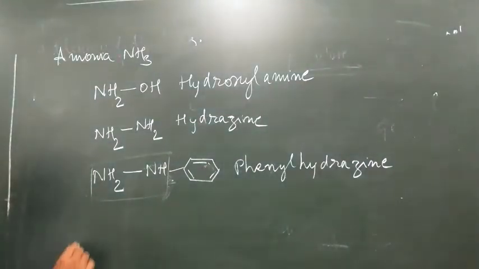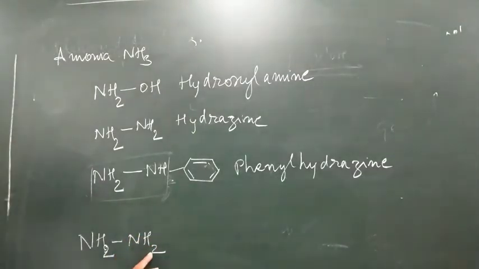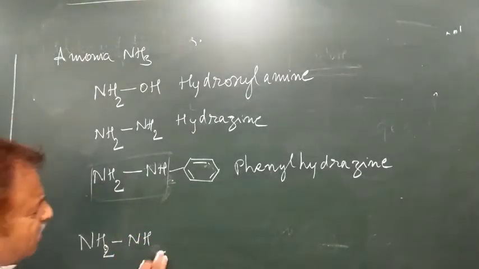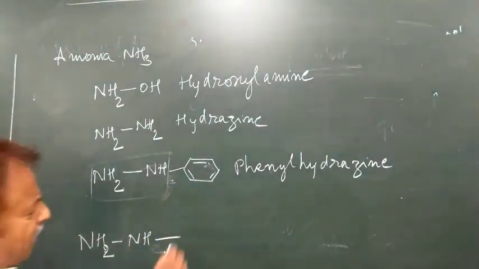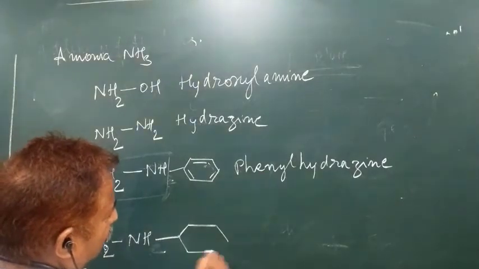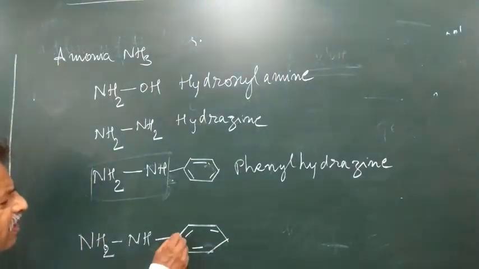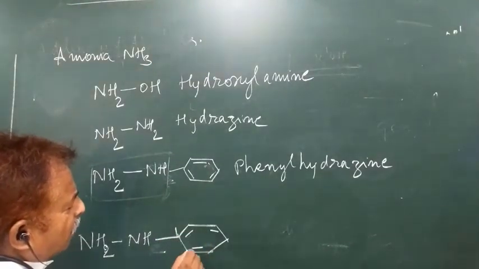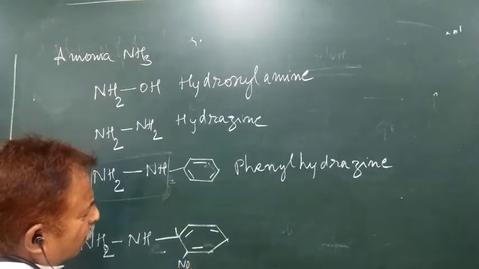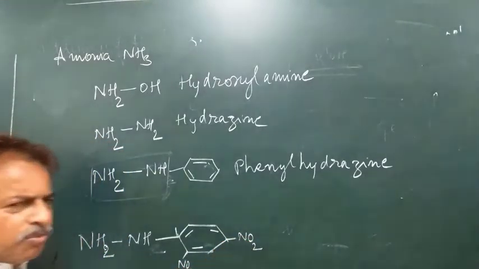Now, NH2, another NH2 group, in this one hydrogen is replaced by 2,4-dinitrophenyl. This is phenyl, and this is number 1, this is 2, this is 4, so here it is an NO2 group, and this is the fourth position, also an NO2 group.